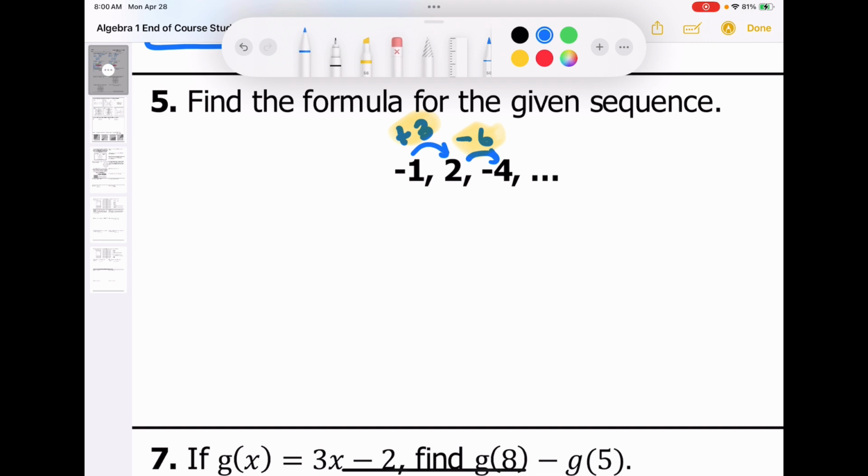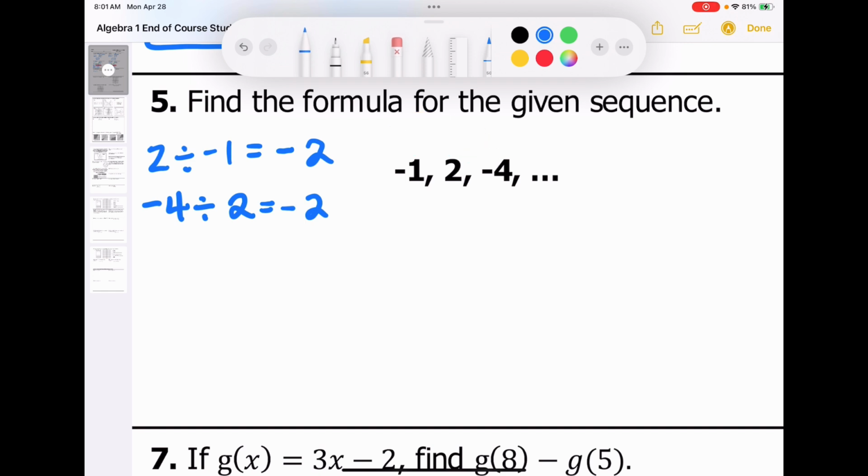So I would do 2 divided by negative 1, which is going to give me a negative 2. And then negative 4 divided by 2 is also going to give me a negative 2. So that means my common ratio is negative 2.